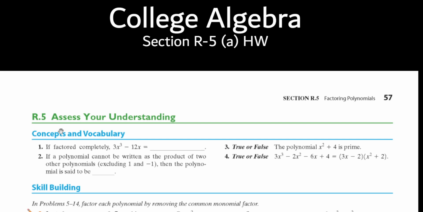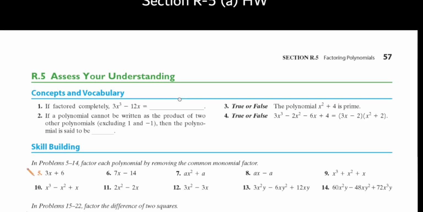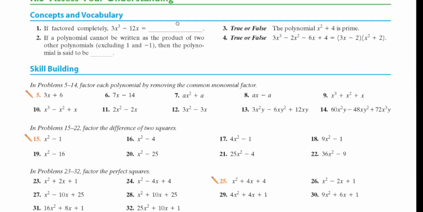So let's do a few. The first one, they don't really call it this in the book, but in other books they call it the greatest common factor. I think we mentioned that. I've already taught this lesson once, okay? I'm just kind of rehashing it again and just doing some homework with you.